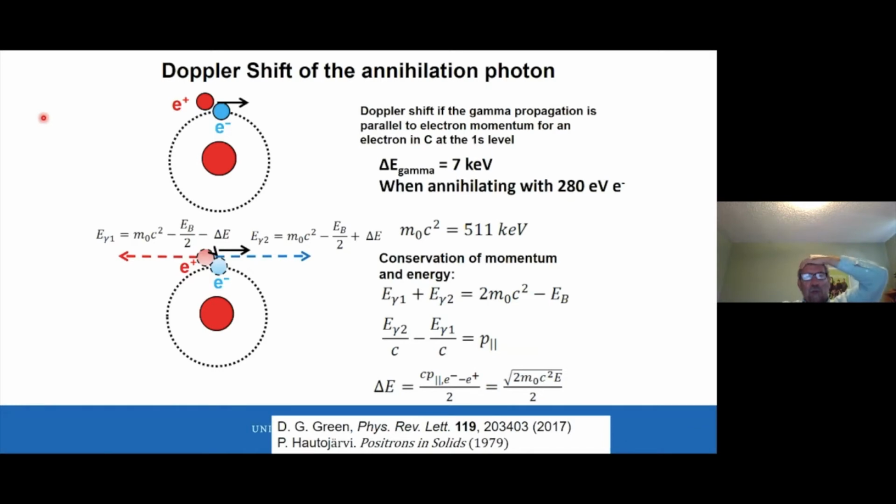The experiment we're going to be doing involves looking at the gamma rays coming out, not the electrons coming out this time. When the positron annihilates with a core electron, the core electrons are close to the nucleus, so they're zipping around at high velocities. Typically the kinetic energy of a bound electron in an atom is close to the binding energy, because it has a large negative potential energy, and the kinetic energy is positive.